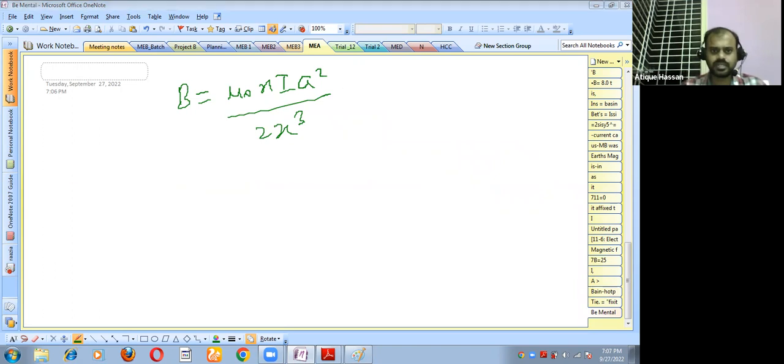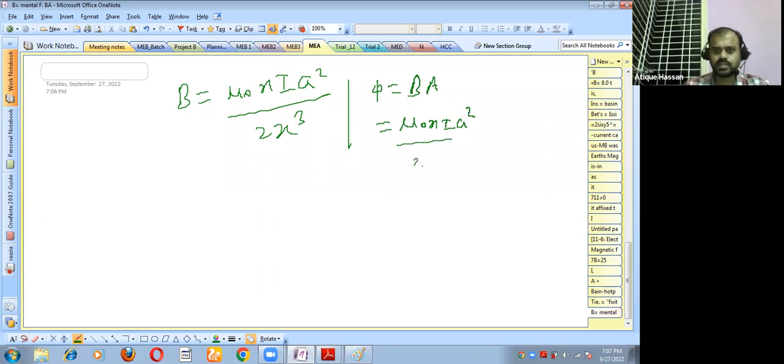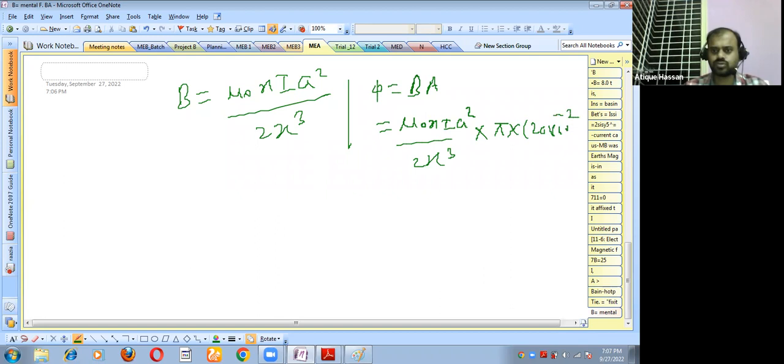So now we can put it directly. Flux phi will be B into A, so mu naught n I a square by 2 x cube into the area, which is pi into the radius, 20 into 10 to the power minus 2, square.